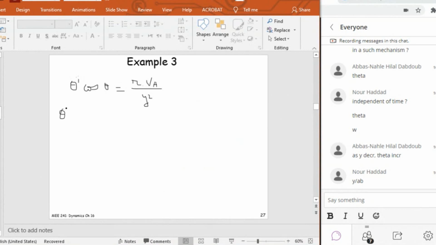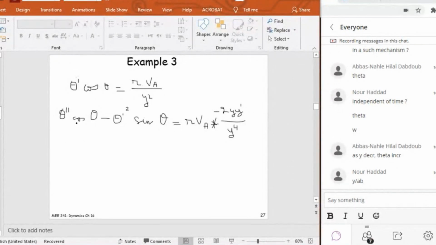And then this means that theta double dot, which is alpha, cosine theta, minus theta dot squared sine theta, is equal to r VA, which is constant, times minus 2 y prime over y cubed.